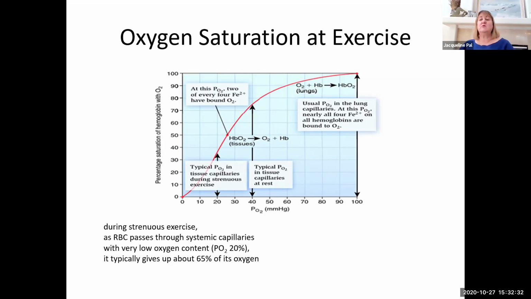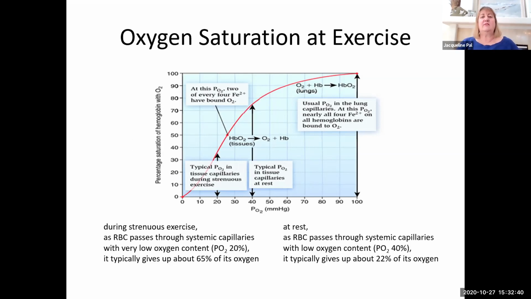So in this case, strenuous exercise, they're giving up either 2 or 3 oxygens. All right. So at this point, stop it once again, review all of this and make sure you understand it. You now have all this information on one slide, which is the slide that I gave you in your packet.